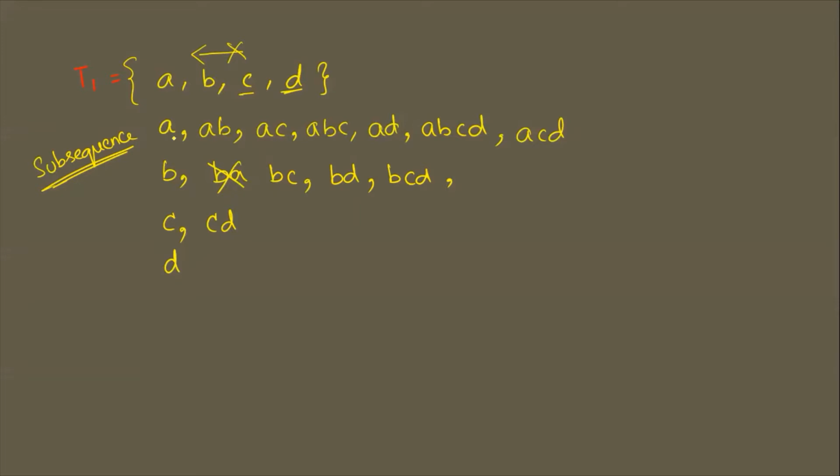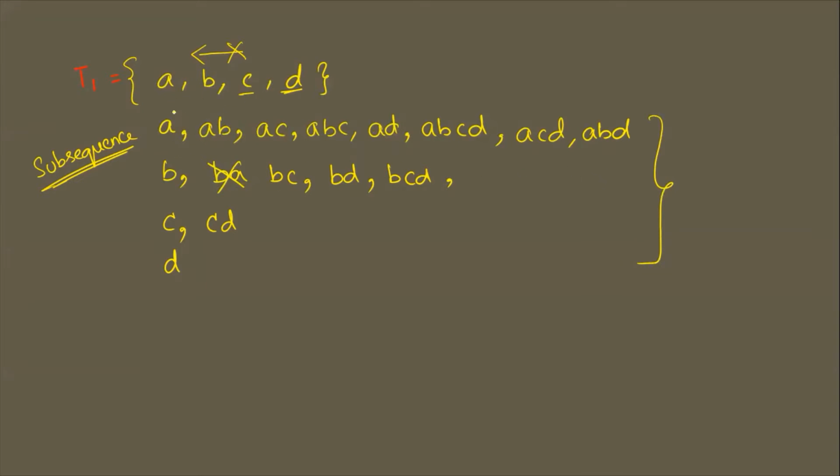Let me see, A, ABC, ACD, and then ABD, ABD also we can write. Okay, this is done, AC is done, ABC is done, AD is done. In this way I can form these many subsequences for the given string ABCD.